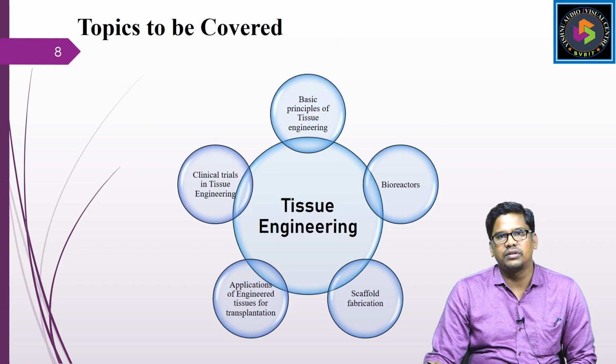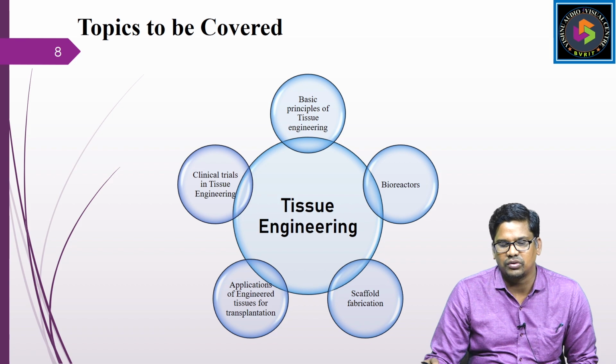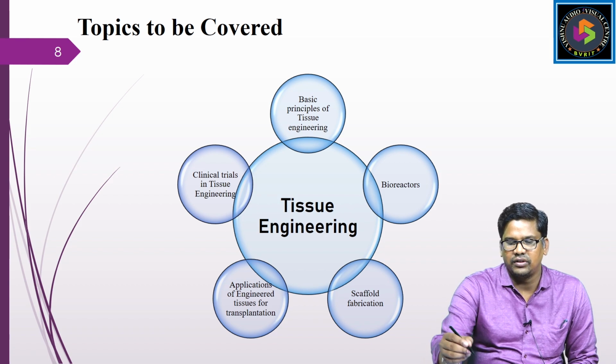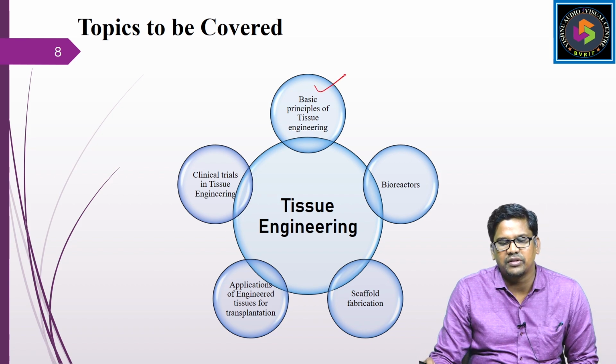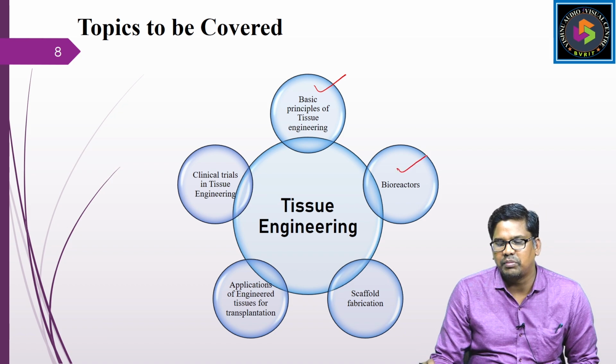Now these are the topics which we are going to cover in this course. The first unit will discuss the basic principles of tissue engineering, and then we'll see details of the bioreactor, what a bioreactor is and how it functions.